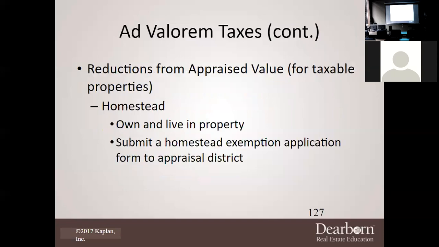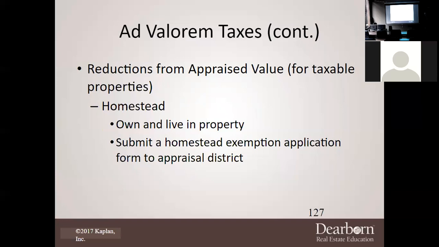The reductions from the appraised value, again, for the taxable properties, these are reductions. These are not all-out clearance. These are just reductions. First is the homestead. And like we've talked before, for homestead you actually have to live in and own that property. Now, I'm not saying own as 100% ownership. I'm saying you've got to have some form of ownership. So if you have a lien on your property, you still own it.